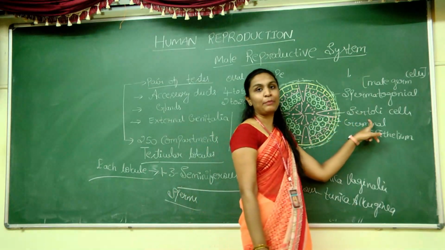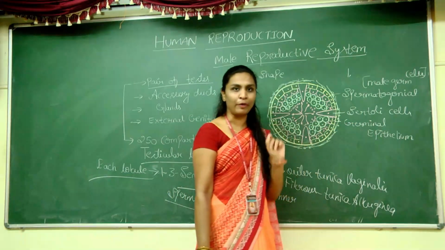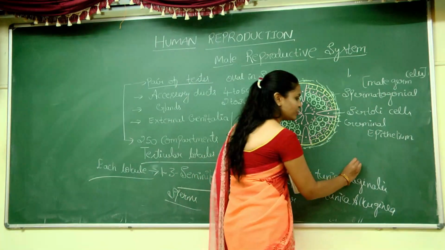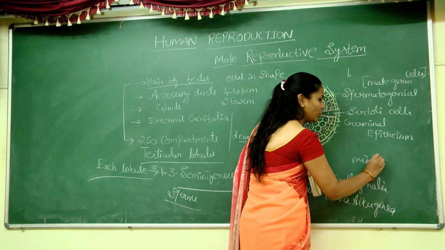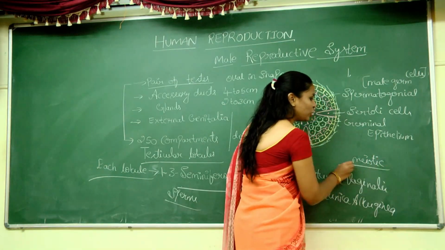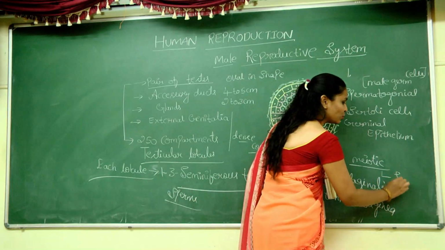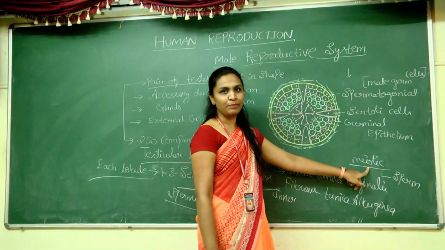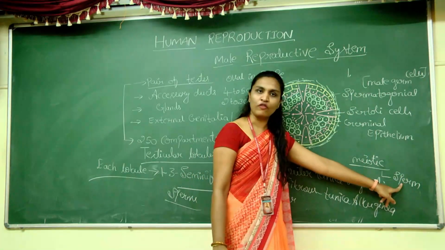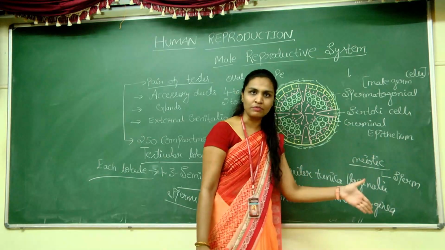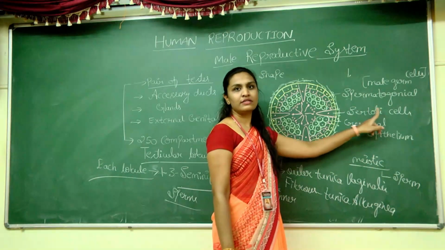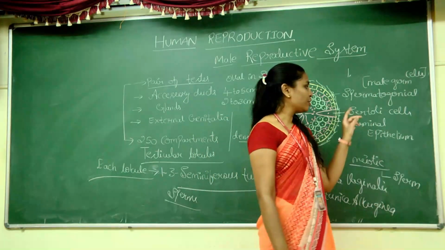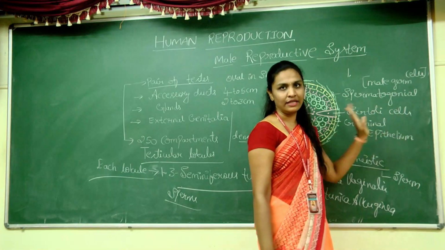The Sertoli cell provides nourishment to the developing sperm, whereas the spermatogonial cell undergoes meiotic division and leads to sperm formation.